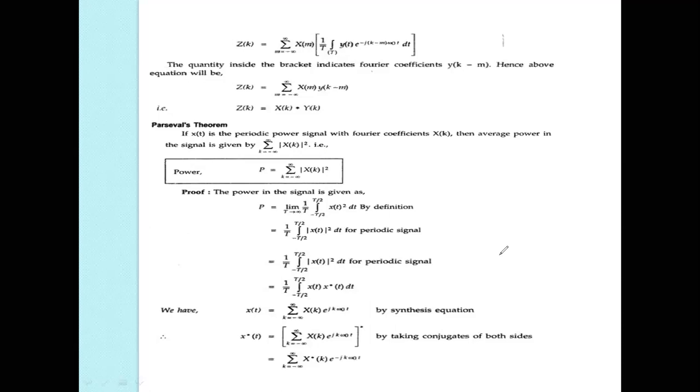If it is a periodic signal, that becomes the squared magnitude of x of t. The squared magnitude of x of t is also written as x of t into x star of t. By using the synthesis equation, substitute x star of t with the sum of k equal to minus infinity to infinity of x star of k e power minus jk omega naught t.